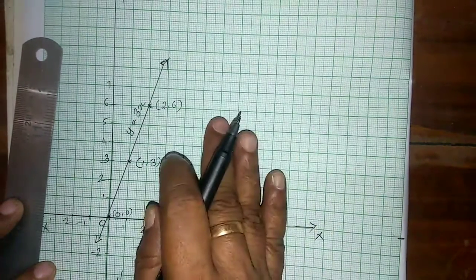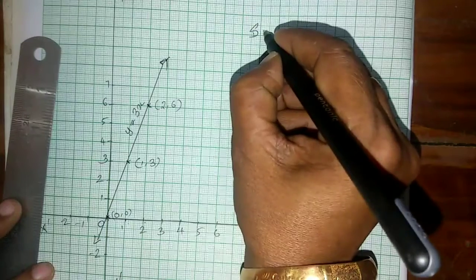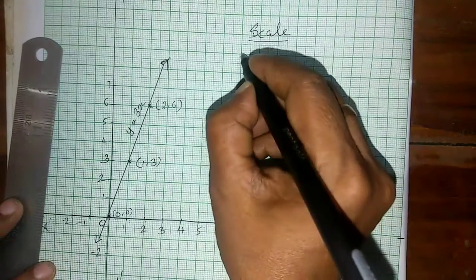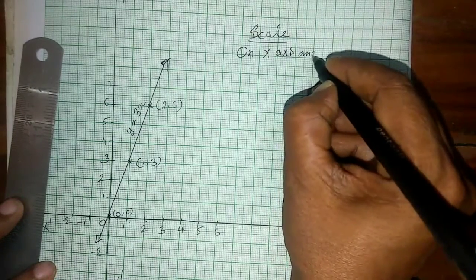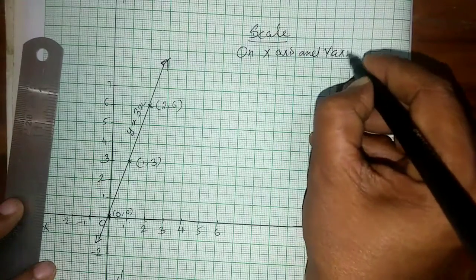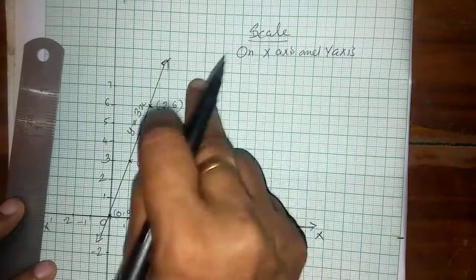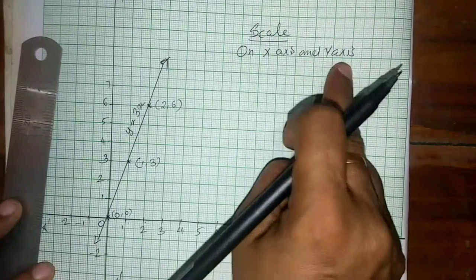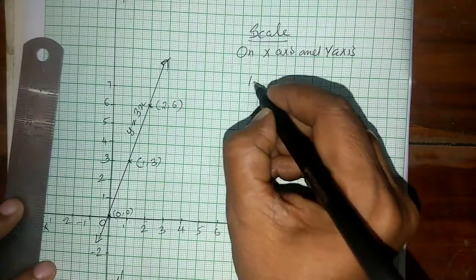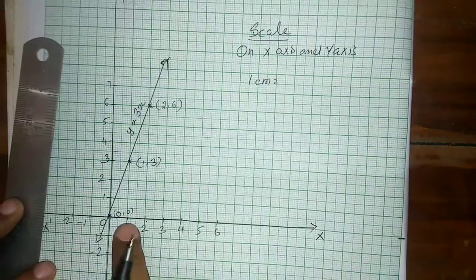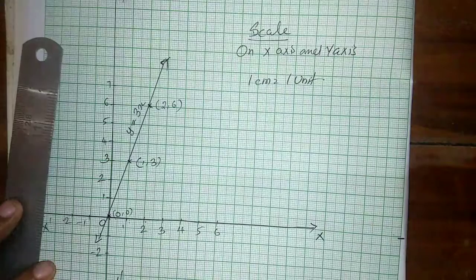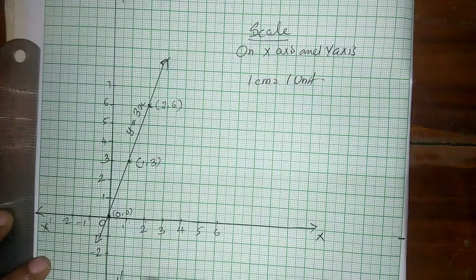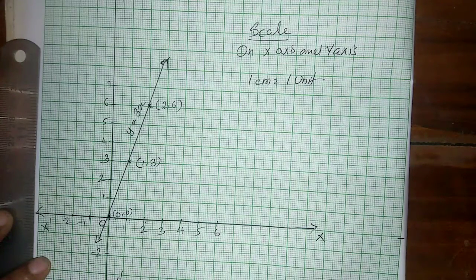And we have to write the scale on the top. Scale on the x-axis and y-axis. Both axes we are using the same scale: 1 centimeter we are taking as 1 unit. Okay, then our graph is over for y equal to 3x.